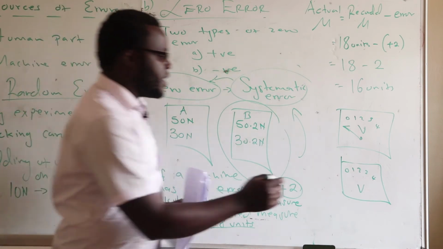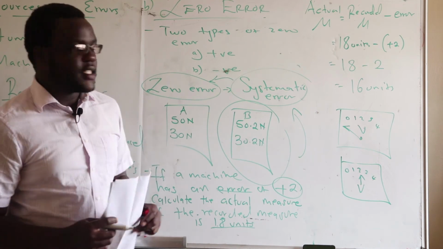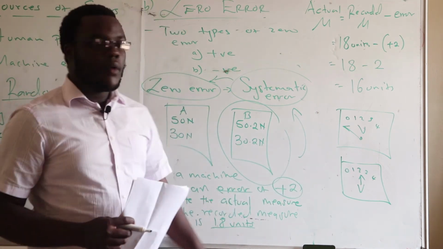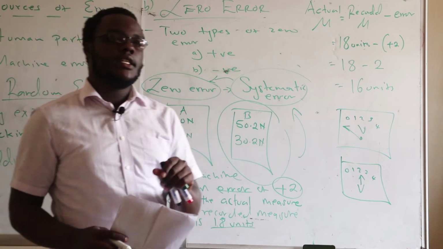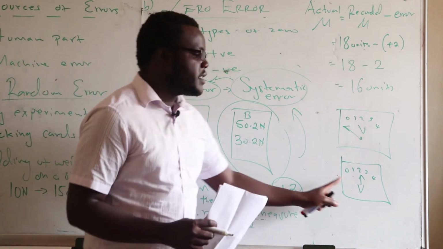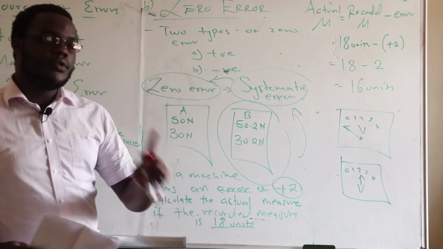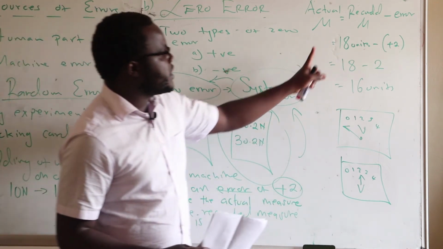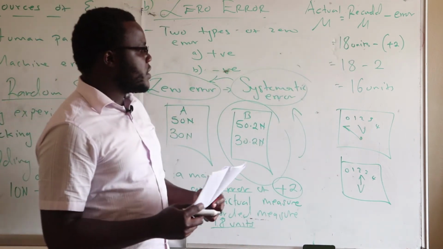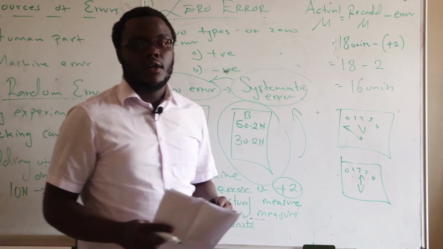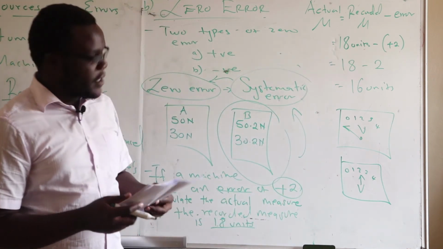The positive zero error is on the positive side of your scale. For example, when the voltmeter reads 2 volts even before you've connected your load, it means that this voltmeter has a positive zero error that you need to cater for when you want to get the actual reading from the recorded reading. So the hint is always to subtract the error from the recorded value.